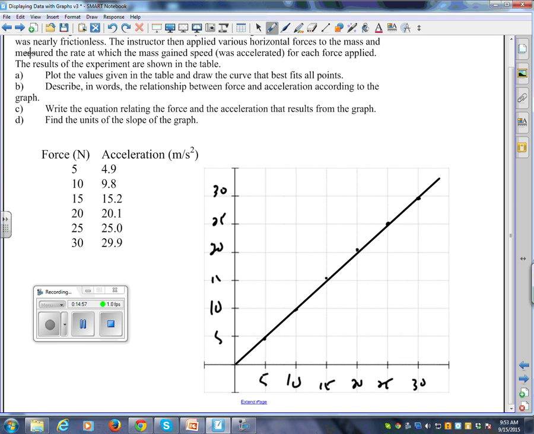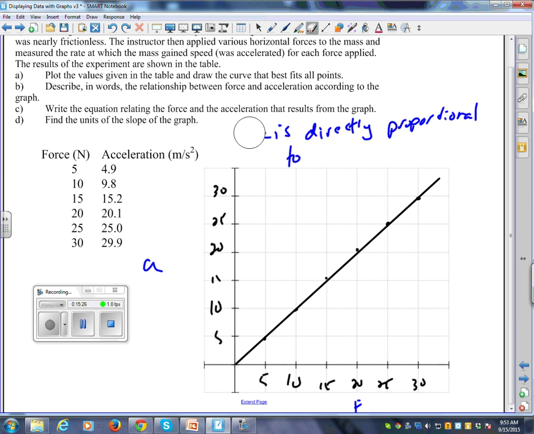Plot the values, draw the line or curve, describe in words the relationship between the force and acceleration. Is it a linear relationship? Did it create a straight line? This is acceleration, this is force. So you would say something like, and I probably didn't explain this well enough, actually it should be acceleration first.